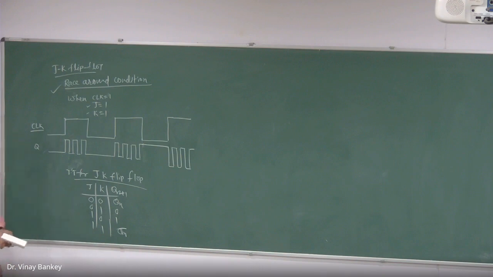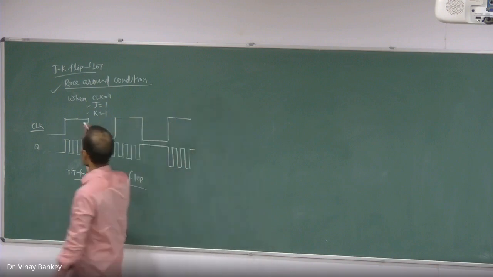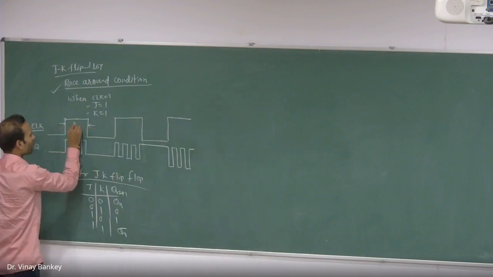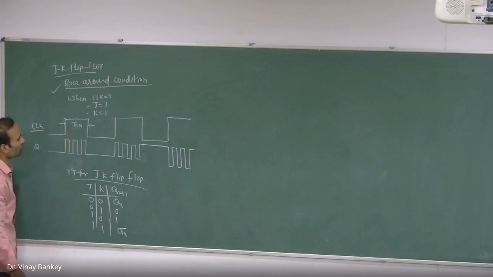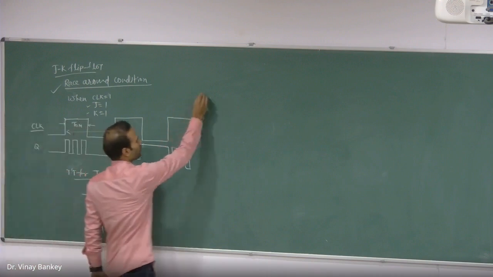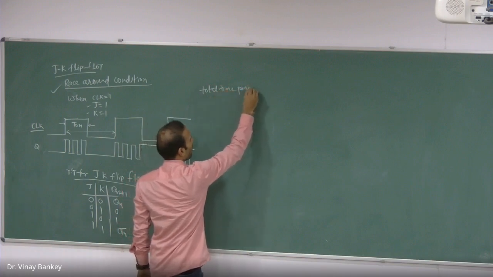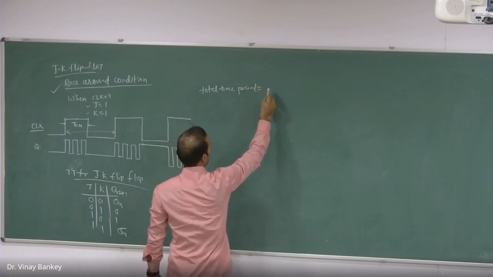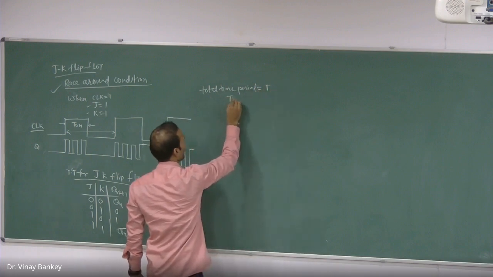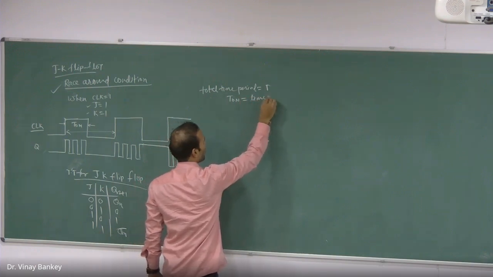And what is the solution for this race around condition? As I mentioned in the last class, the first solution can be, here see, if this is my T on and the total time period of this clock is T. So total time period is T, and T on is the time when my clock is high.